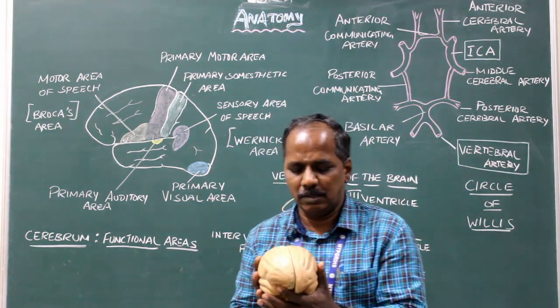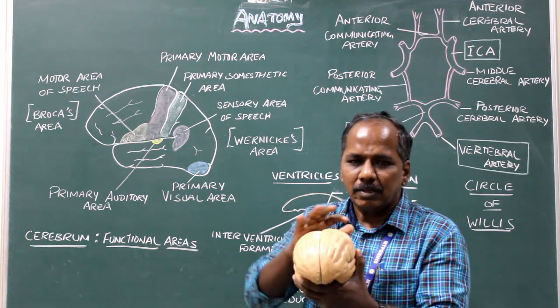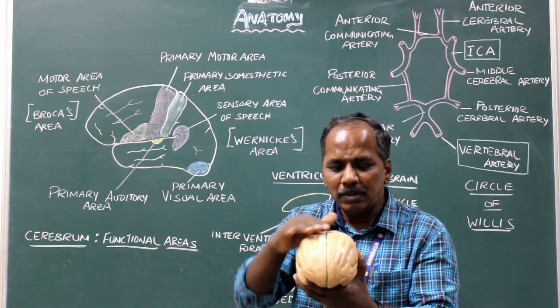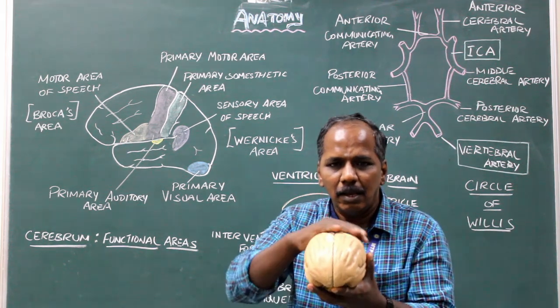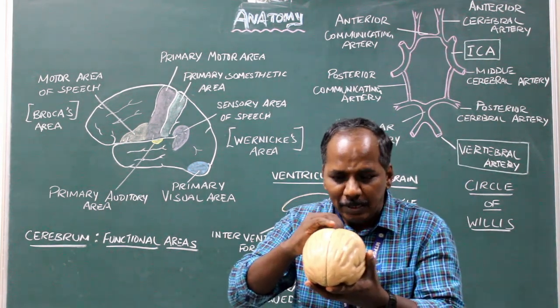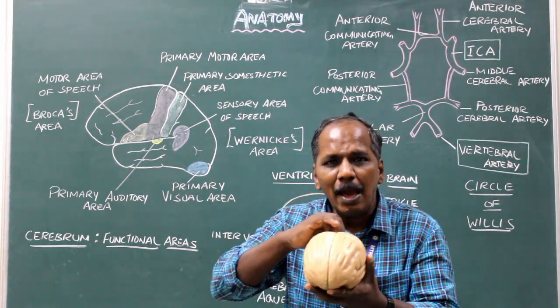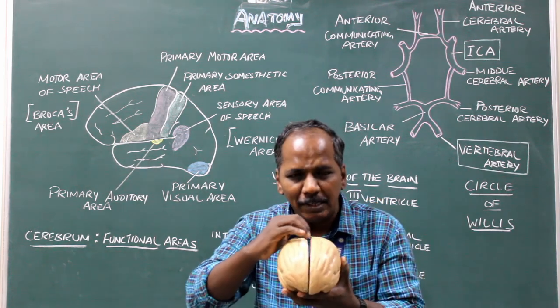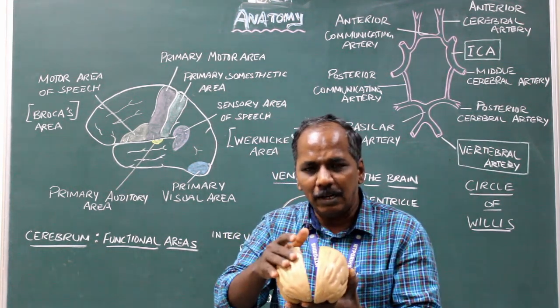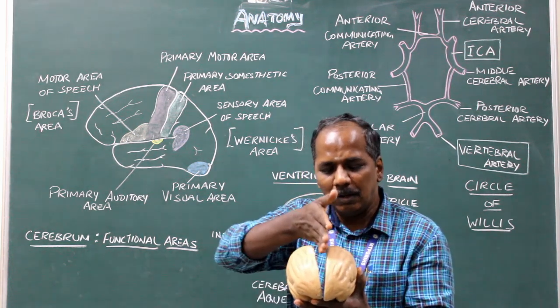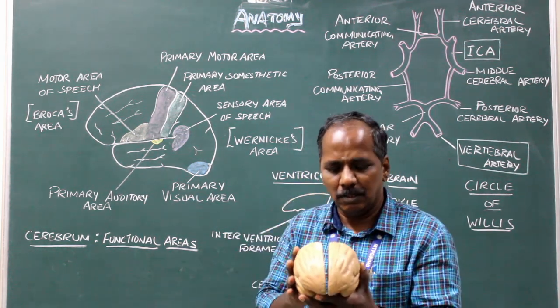General features. The cerebrum consists of two cerebral hemispheres, separated in the midline by a fissure known as the median longitudinal fissure.